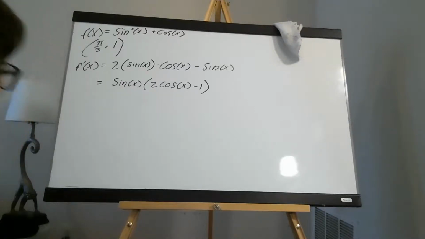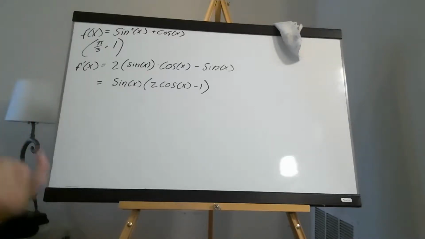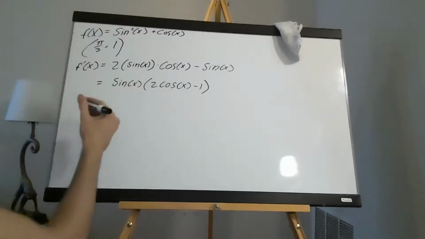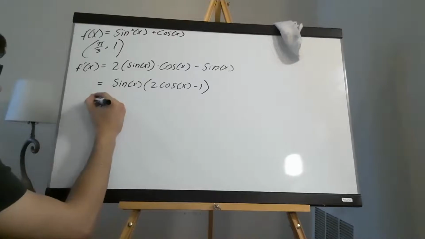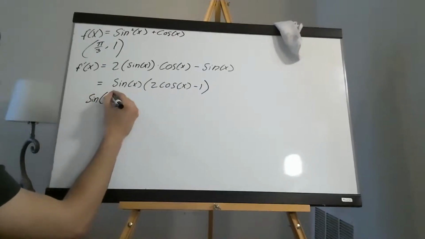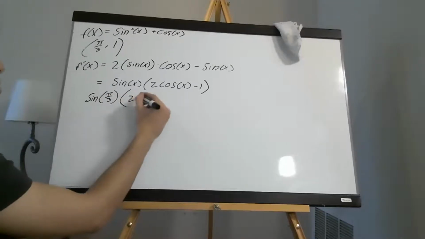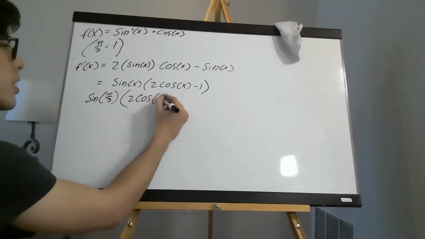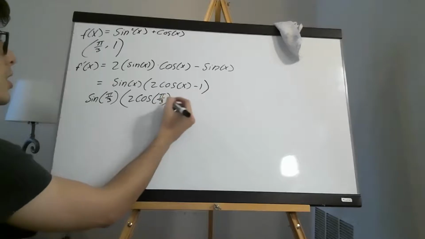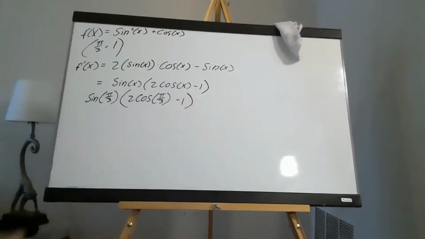Now let's plug in x equals pi over 3. So we got sine pi over 3 times 2 cosine pi over 3 minus 1. So sine of pi over 3, we know what that is.